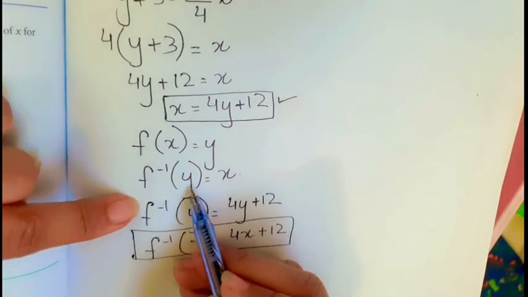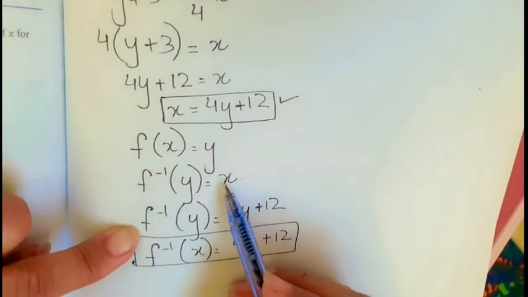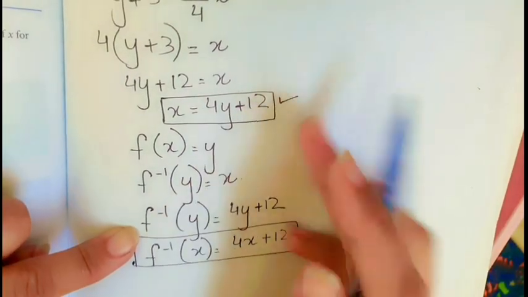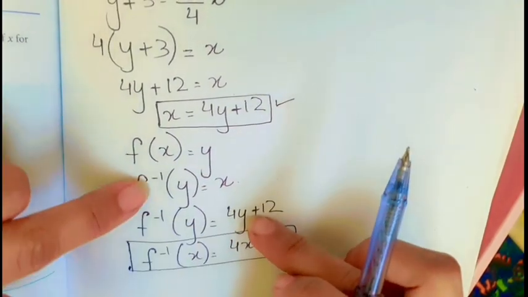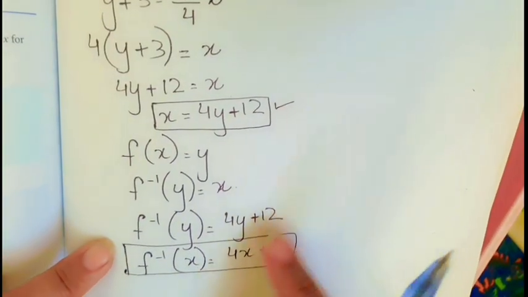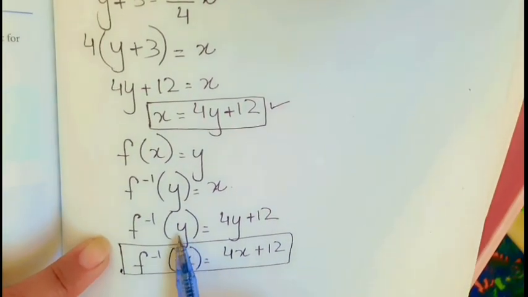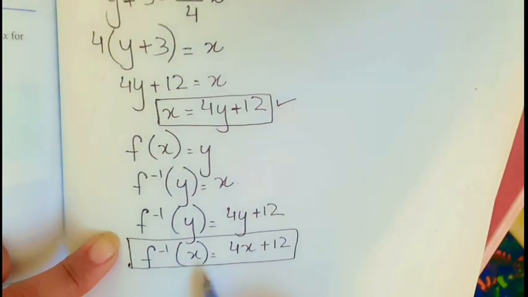So f inverse of y is equal to x, and I copied the value of x as it is. And now just change the variable: in place of y I have used x and I got the value.